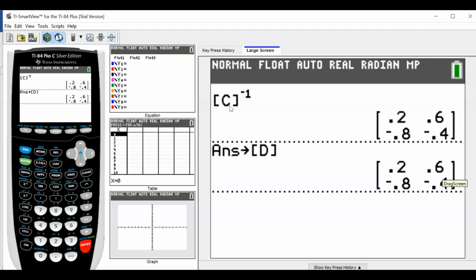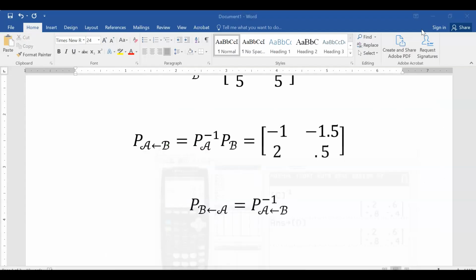And that's how I got the original matrix C as well. I just put A inverse times B, and then I hit store matrix C. So there we go. That is the matrix that goes from B to A.